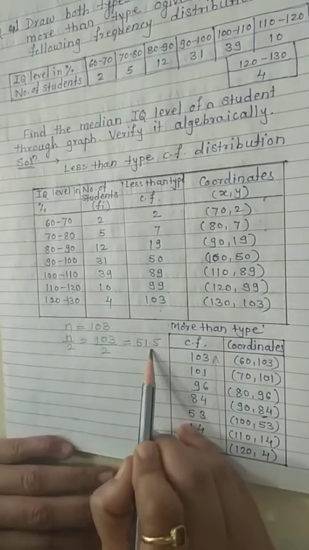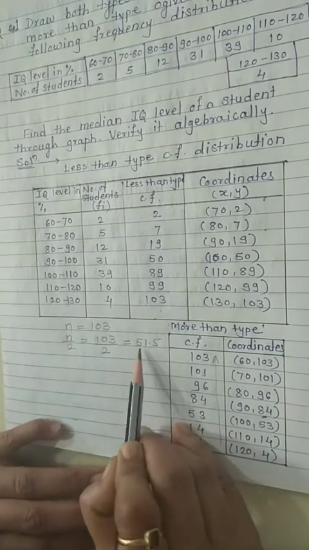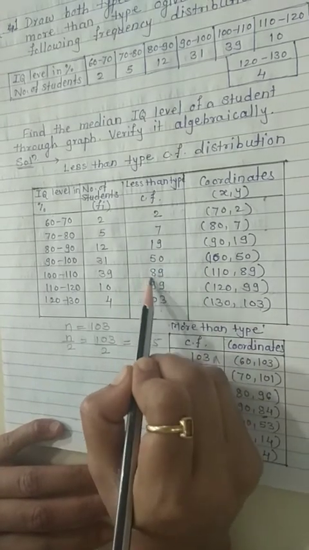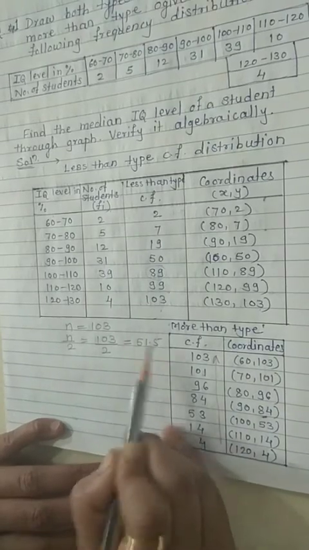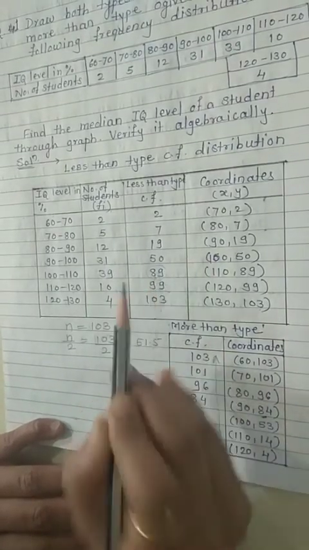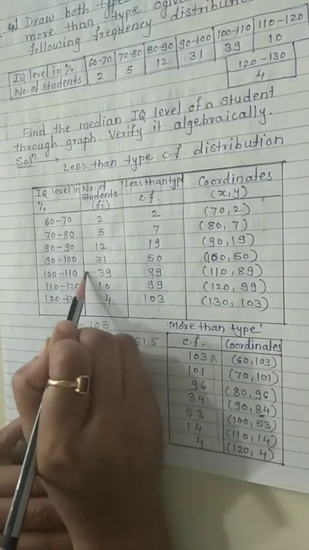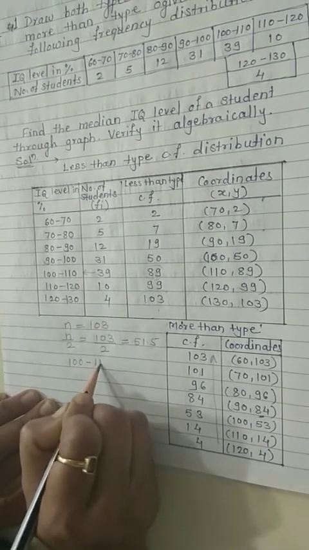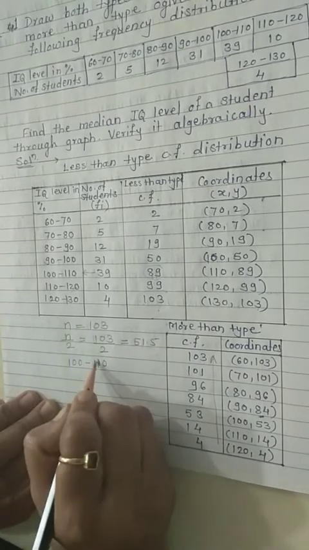The cumulative frequency just greater than, or nearest to, 51.5 is 89 here, and therefore the corresponding class is 100 to 110, which is our median class.